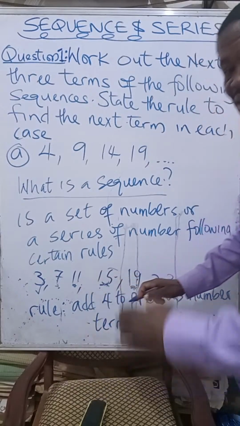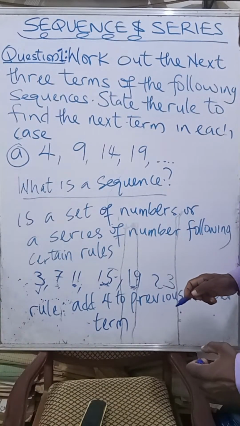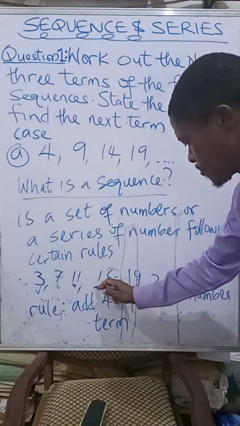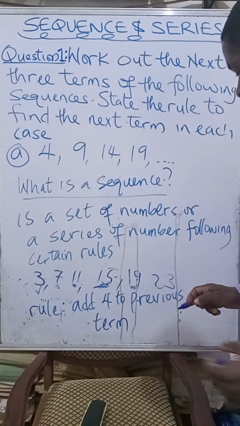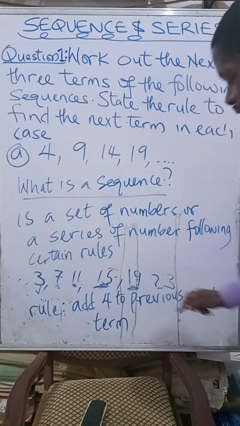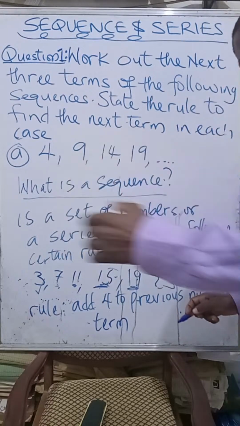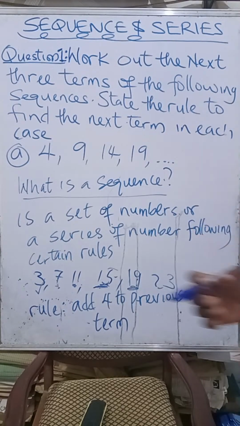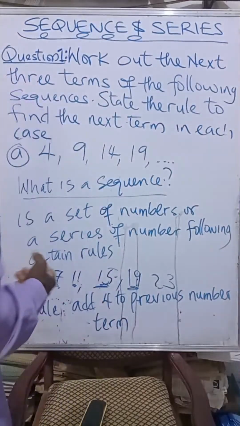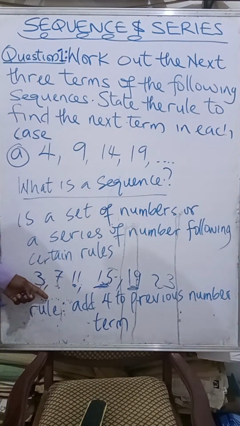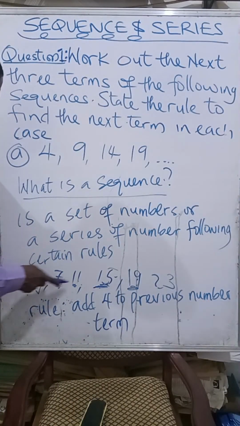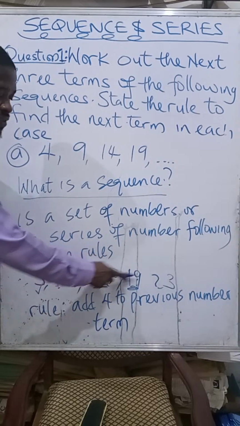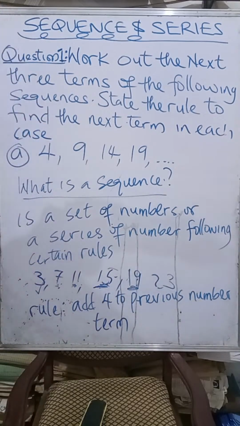The third term is the third written number, the fourth term is the fourth written number, the fifth term is the fifth written number. So each number is expressed as what? As a term: first term, second, third, fourth, fifth, sixth term.